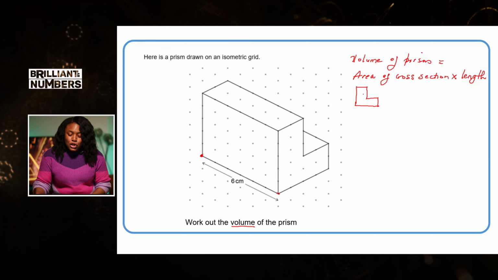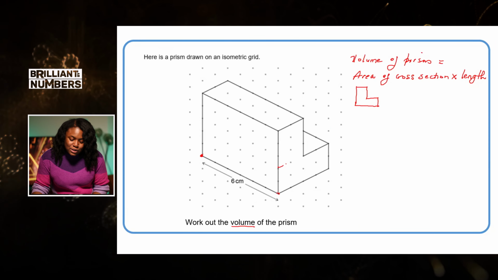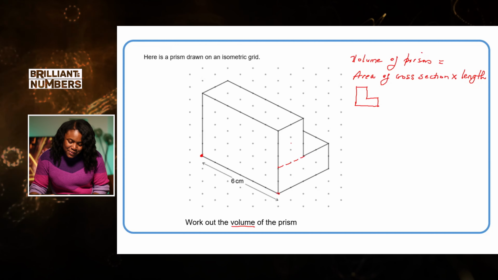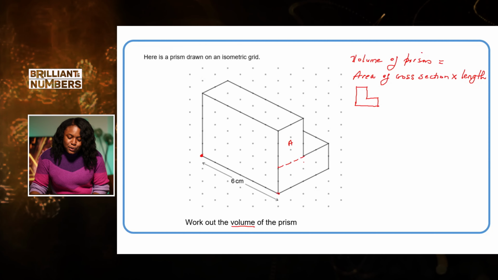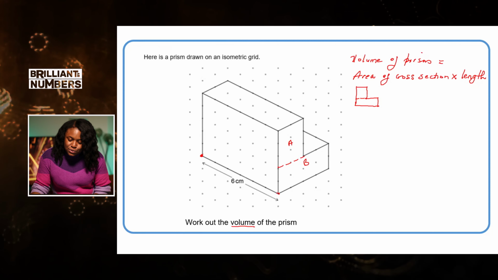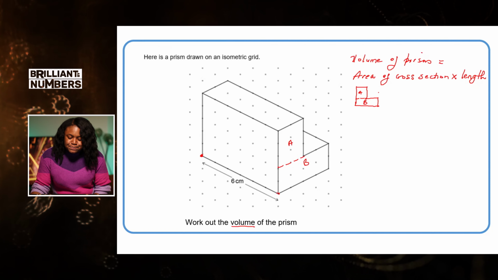Now sometimes people choose different ways they want to cut their shapes, but always try to choose the one that's very much easier in terms of the measurement to navigate. So I think here the best way to do this is to just cut it across. So I'm going to call the top of it shape A and the bottom of it shape B. I'm just going to do that on my sketch as well, A and B.